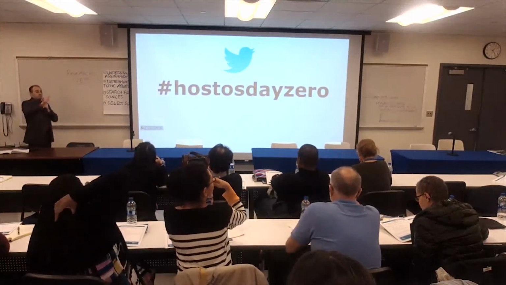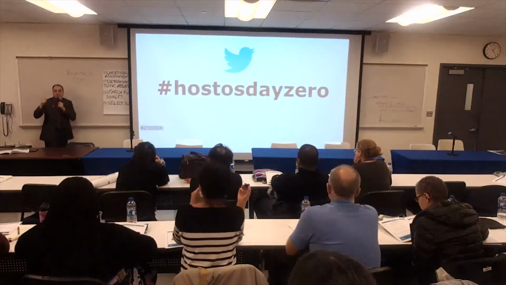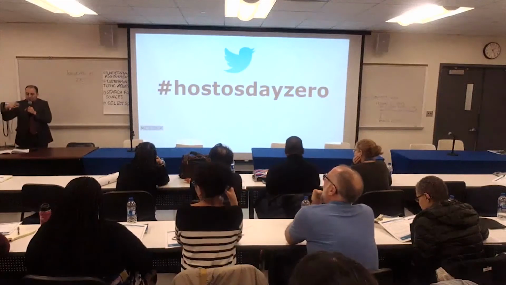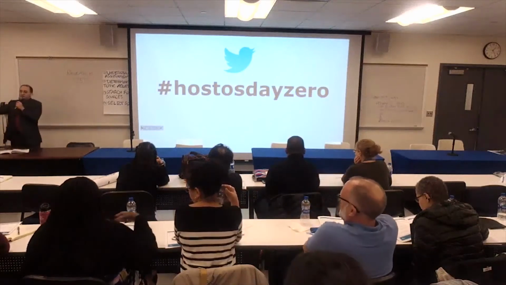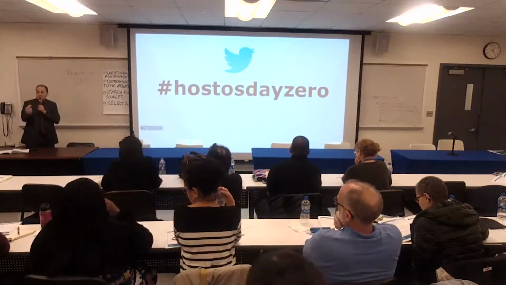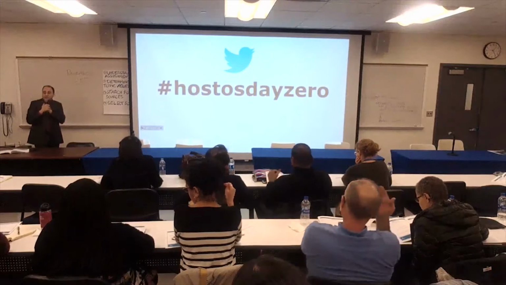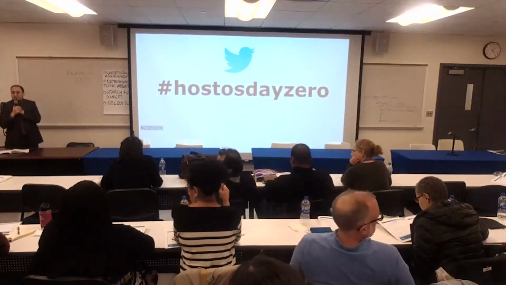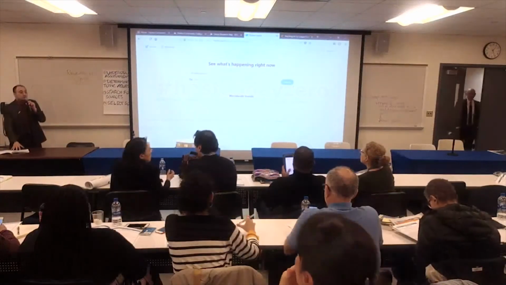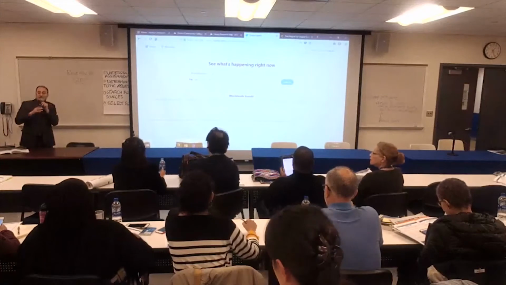On a tweet, you're going to put Hosters Day Zero, and you're going to tell us what is the major point you learned from the first part of the day. Share with us what was the most important piece that you grasped. I'll give you 1 or 2 minutes to do that. We should be able to retrieve the information, so that's the idea.